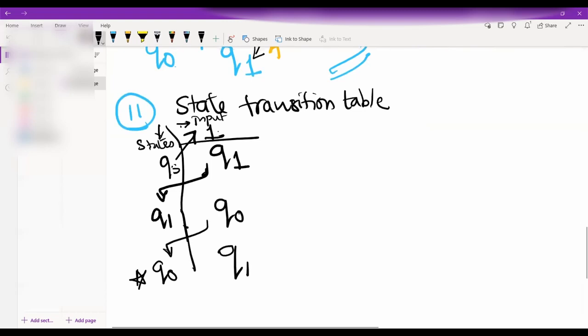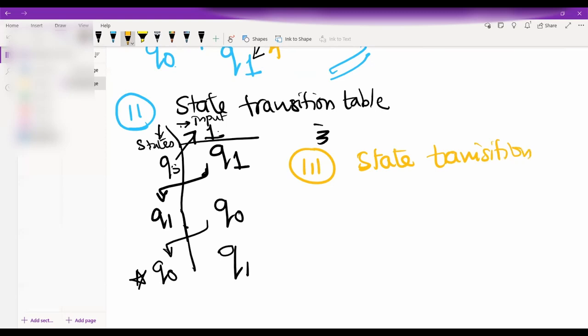The next step in the TCS method is the state transition diagram. So here I'm going to draw the state transition diagram. In the state transition diagram, the first thing is that I'm going to write the first state, which is the starting state.